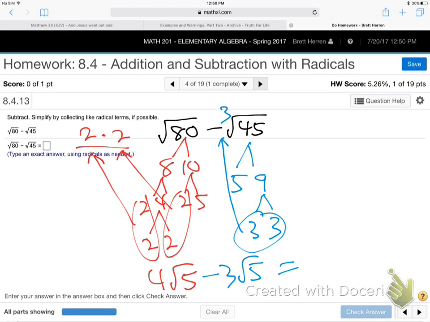We good to there? 4 roots of 5 minus 3 roots of 5 is 1 root of 5, or you could just say root 5. It's the same thing either way. Is that good? Does that make sense? Questions on that? It's all about the 2 for 1.